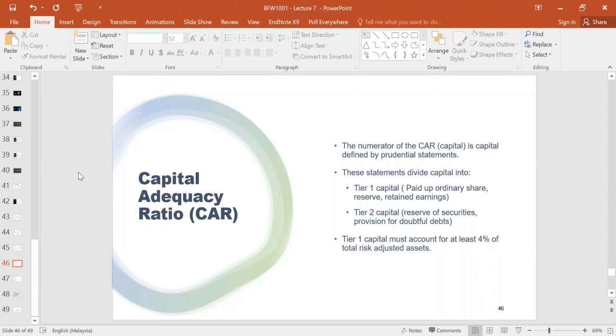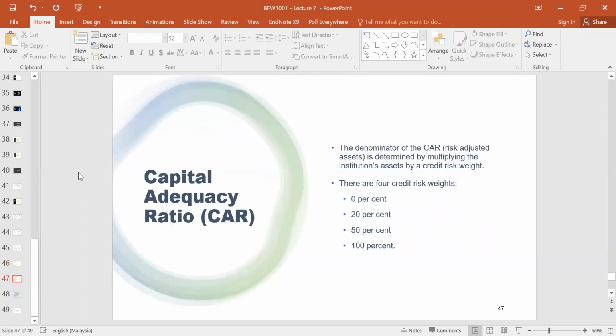For this, we will engage in something called credit risk weights. So the denominator of the CAR will be determined by multiplying the bank's assets by the CRW, or the credit risk weight. The four credit risk weights are 0%, 20%, 50%, and 100%.